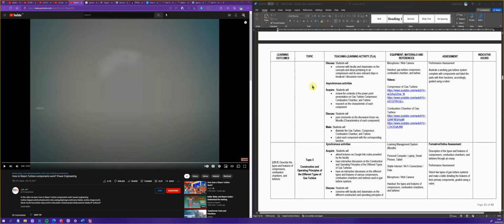Sige, si Sura Vasquez. Si Andre. Can you give me an example on the differences between a gas turbine and steam turbine? Meron ba makakapagbigay?